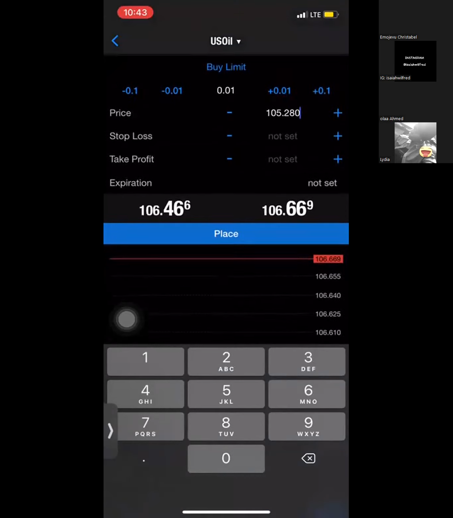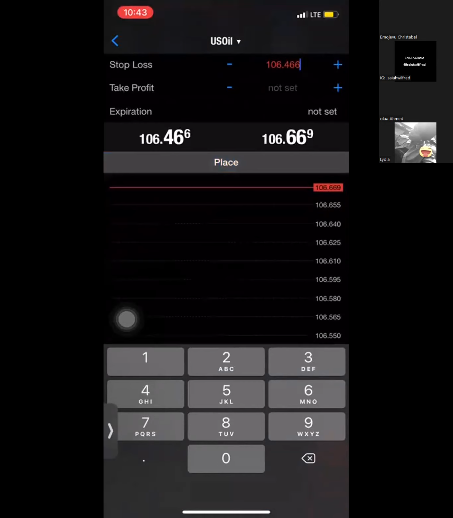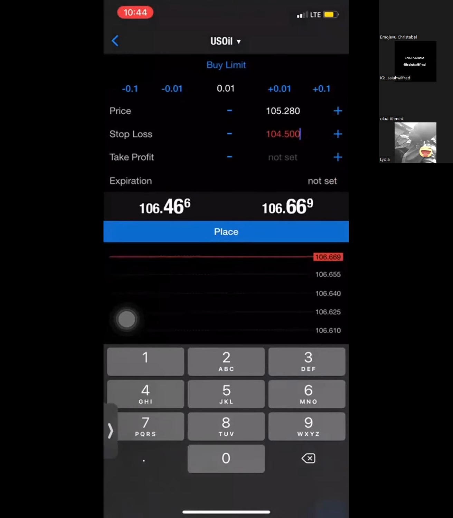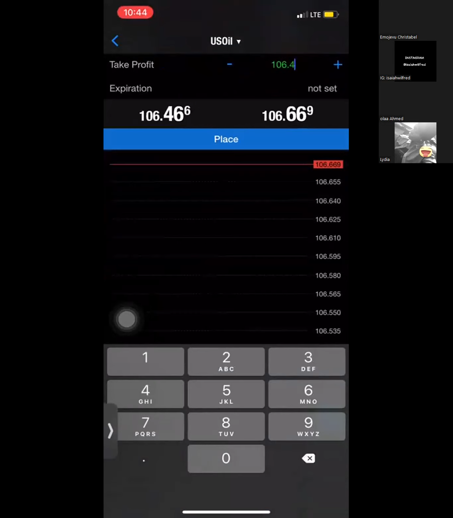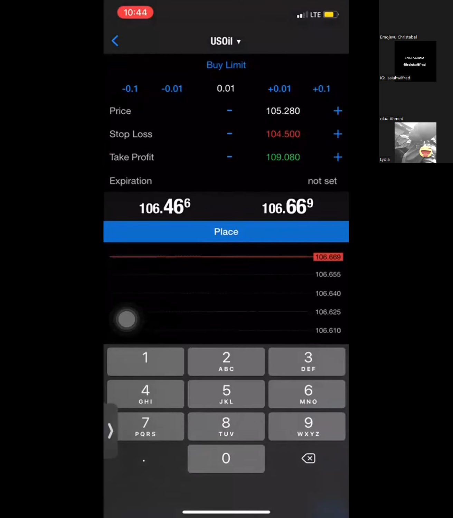Stop loss is 104.500. Now your take profit is 109.080. Exactly, just like this. So if you're using an iOS device, you're using an iPhone, this is how to set your pending order.